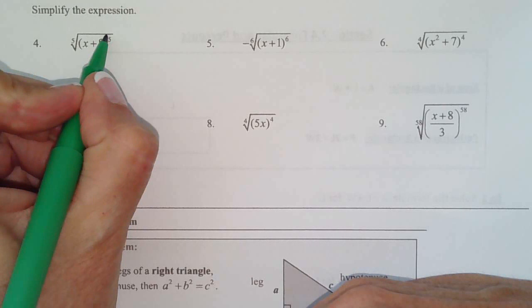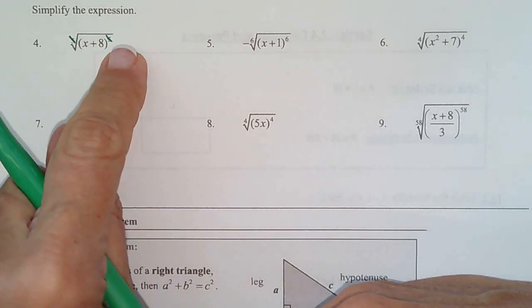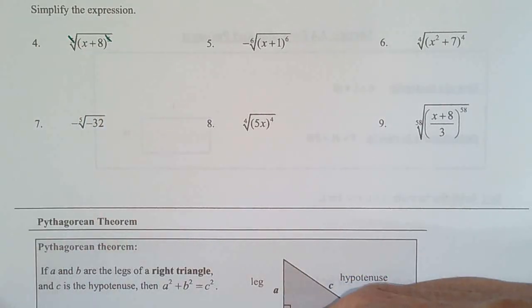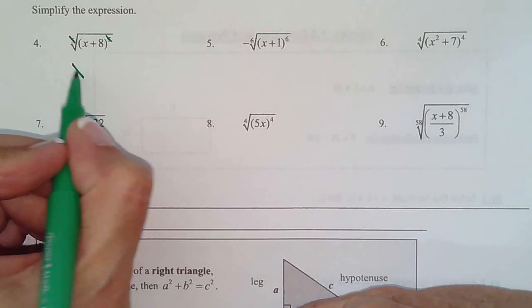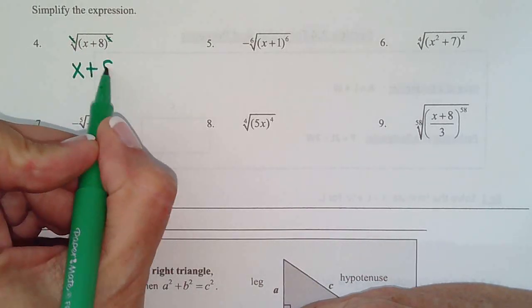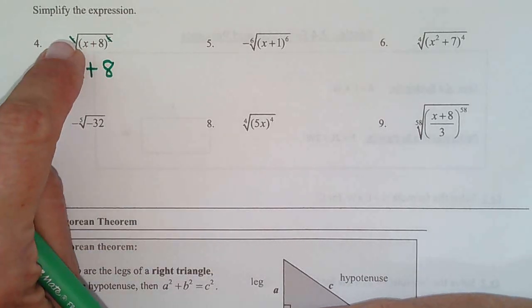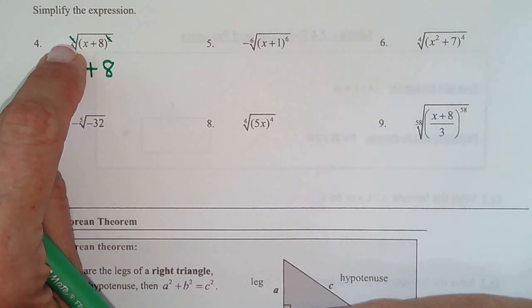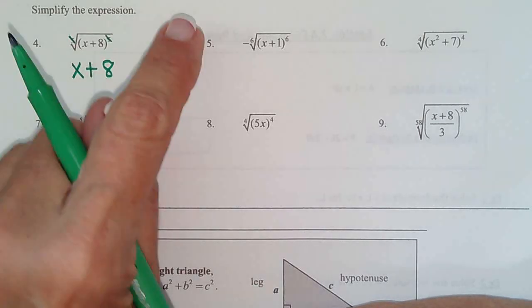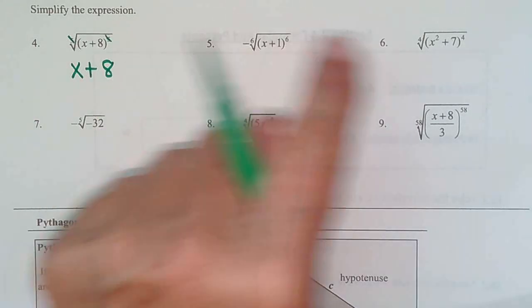So the 5s undo each other. Raising something to the 5th power and then taking the 5th root, they undo each other. So my answer is just x plus 8. No absolute value needed because my index was odd. I only use absolute value when the index is even.